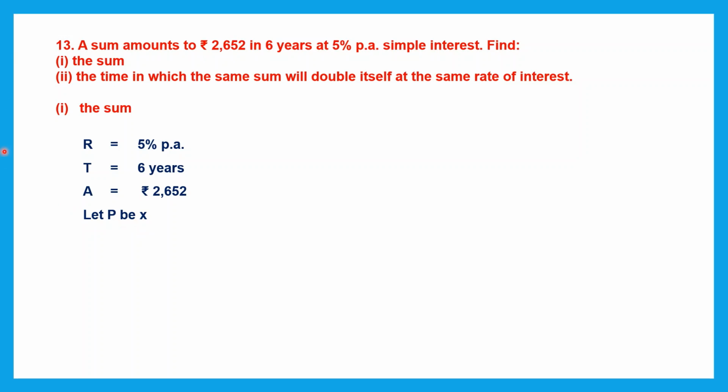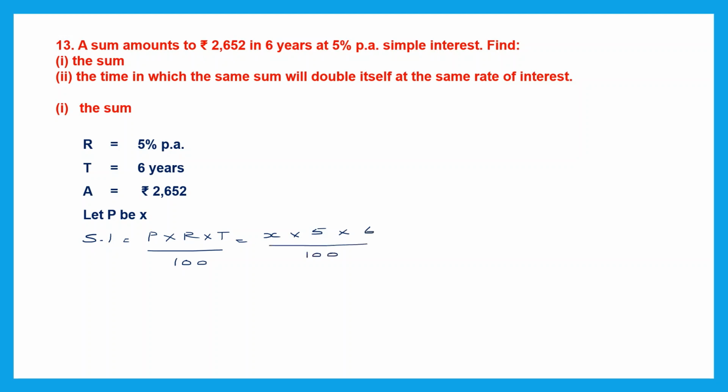Okay. Now since we need the simple interest to find principal, let's find simple interest. So simple interest is equal to P into R into T divided by 100. So P, we said let it be x, into R which is 5%, into T which is 6 years, divided by 100.